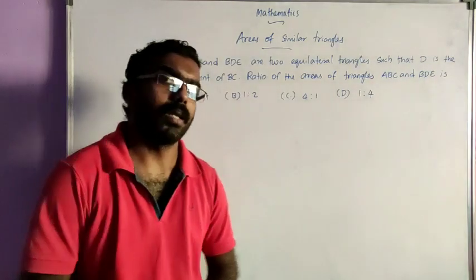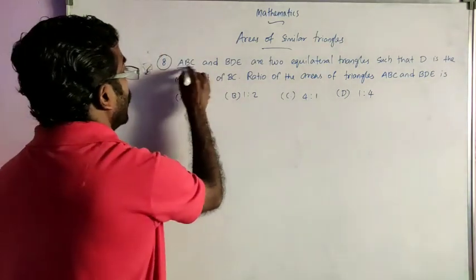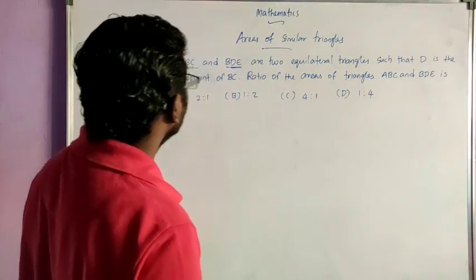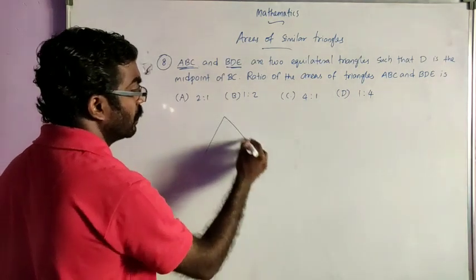Now we move on to question number 8. It is an objective type question. ABC and BDE are two equilateral triangles such that D is the midpoint of BC. So you can draw a rough figure.